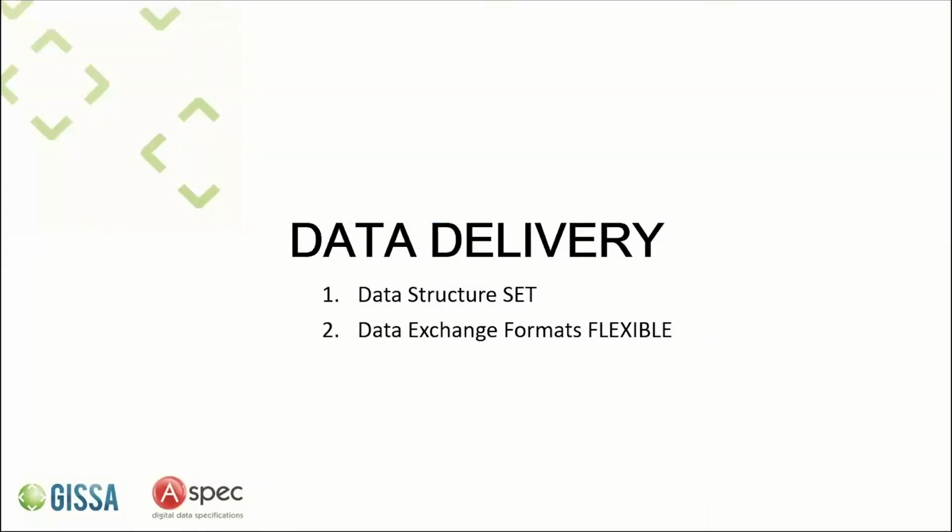Okay, data delivery. So there are two elements to this, the data structure and the exchange format. And so when we talk about format, we typically talk about exchange format. When we talk about the structure, we're talking about what is outlined in each specification. And it's prescriptive. Yes, the code lists are dynamic and they're changing.